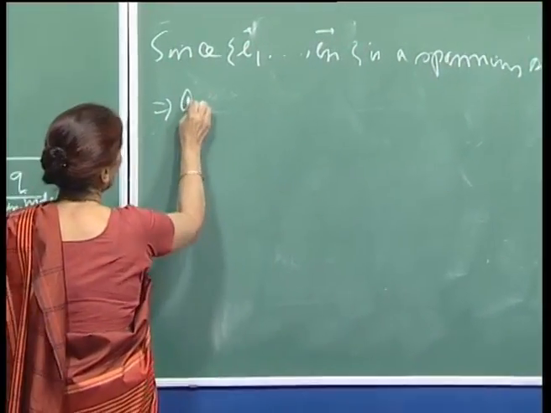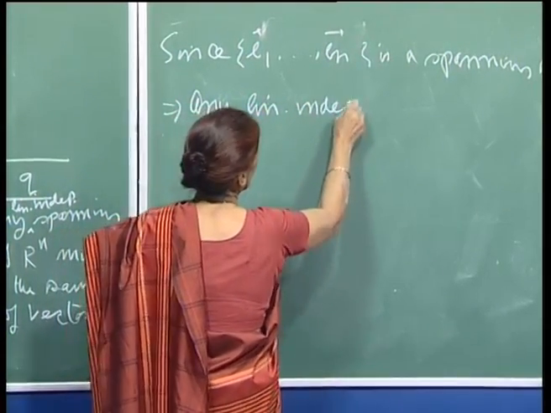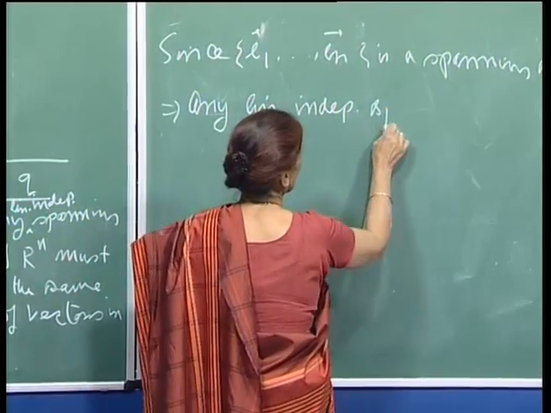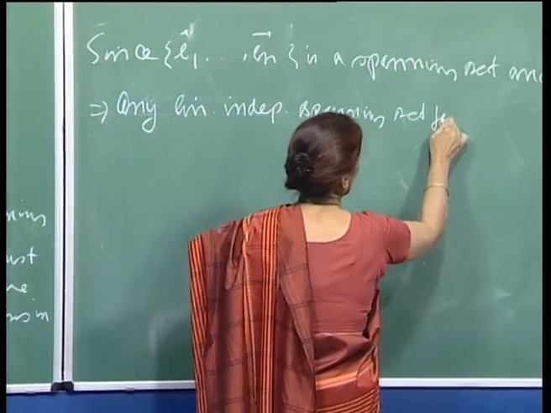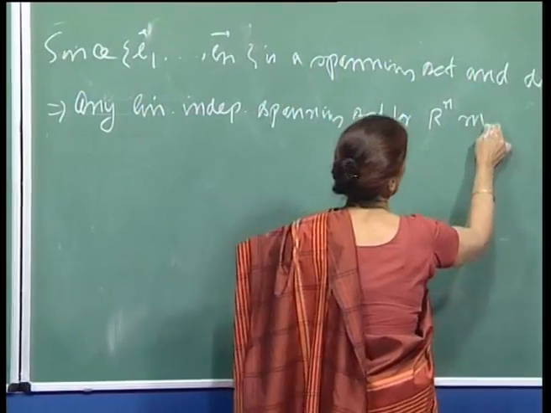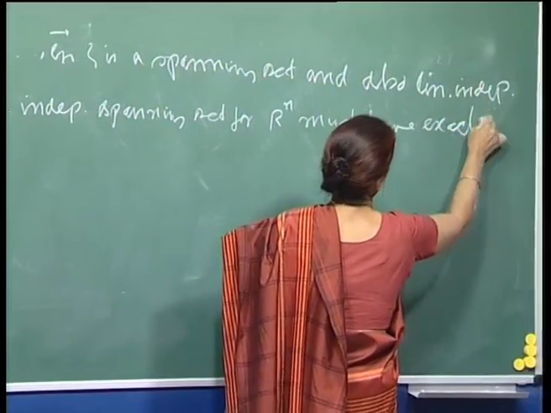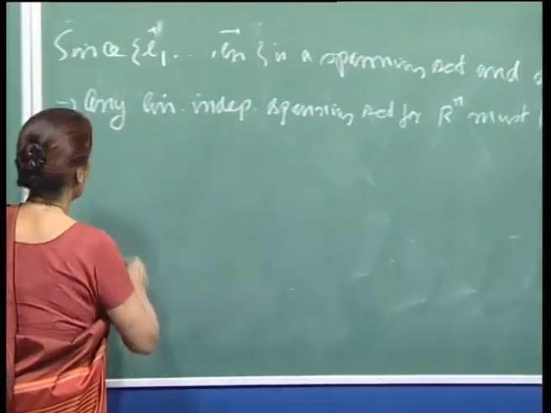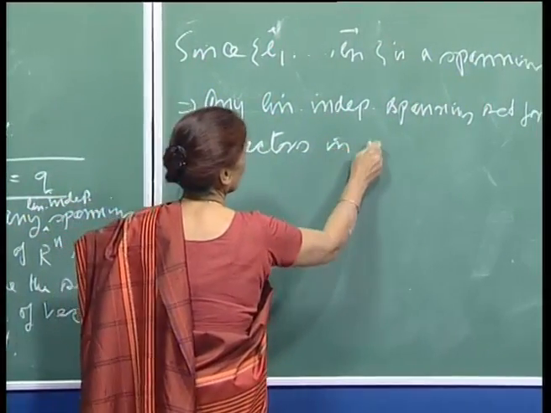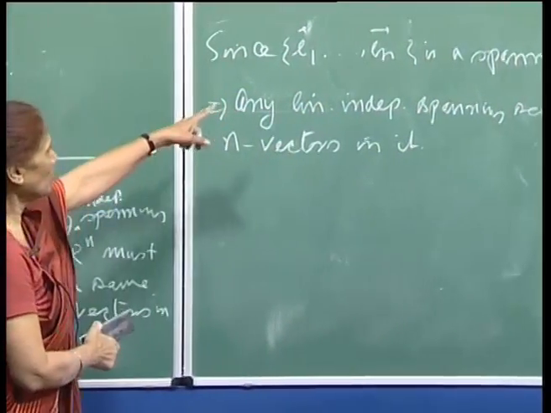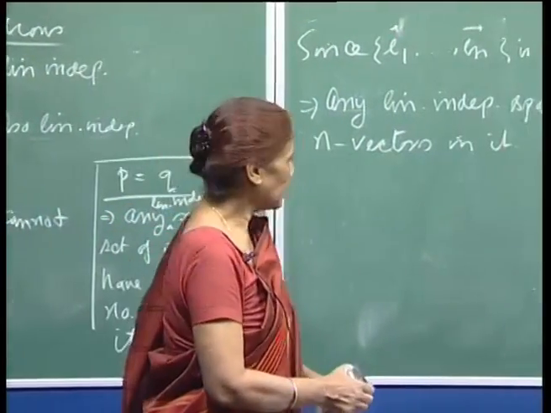This implies any linearly independent spanning set for R n must have exactly n vectors in it, exactly n, because I already have one with n vectors. Therefore, any other spanning set which is linearly independent must have n vectors in it, right.